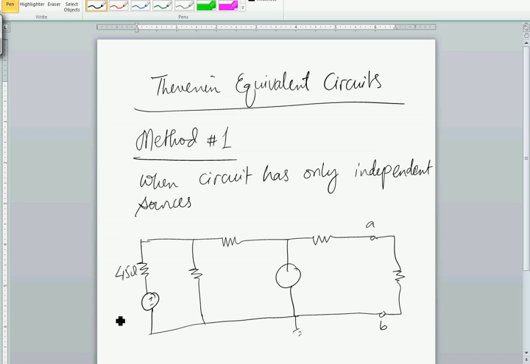This is 0.7 volt, 122 ohms, 75 ohms. This is a current source, 0.3 ampere, and 220 ohms. And let's say this resistor is load resistor RL.